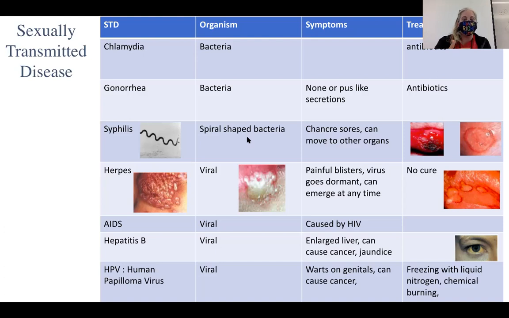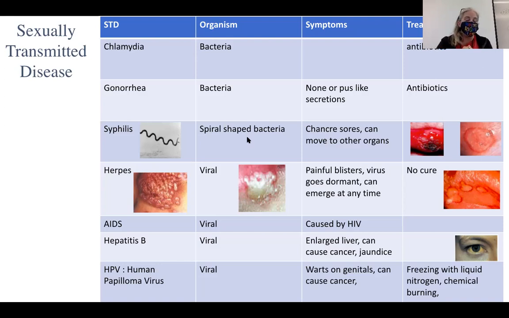And so, really, herpes is one of those where if you are sexually active, you need to be having conversations with your partner about STIs and testing. Are they being tested? Are you being tested?